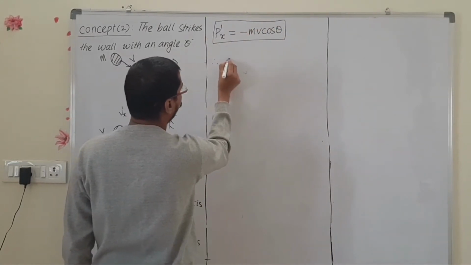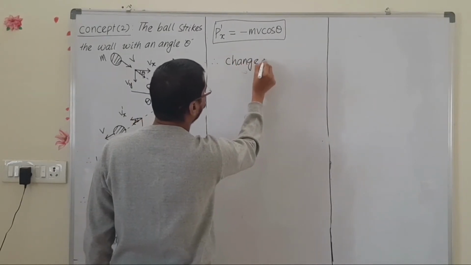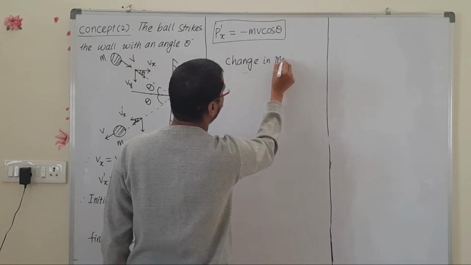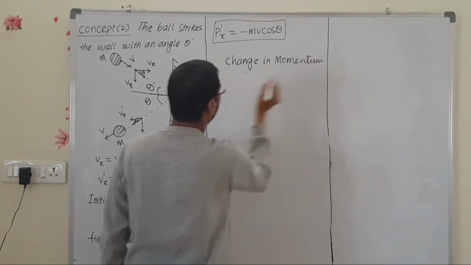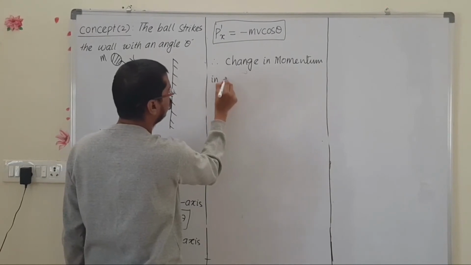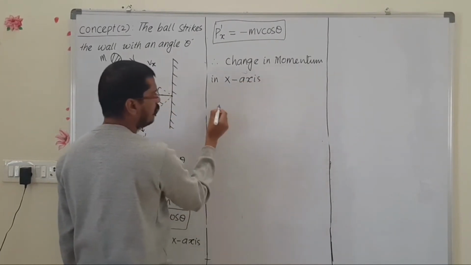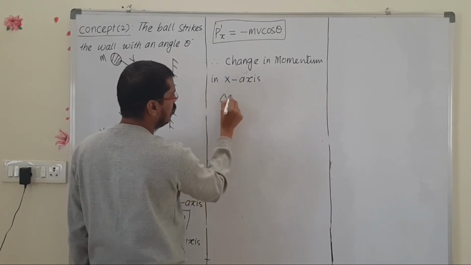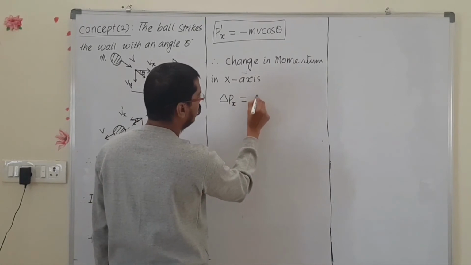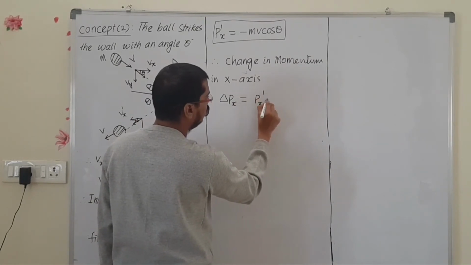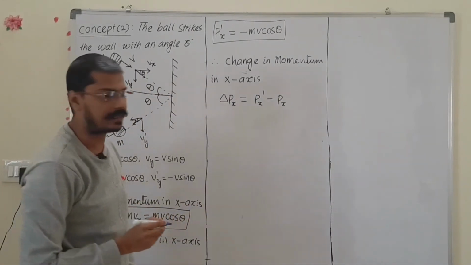Therefore, change in momentum in the x-axis. We can write delta px equals final momentum minus initial momentum along the x-axis.